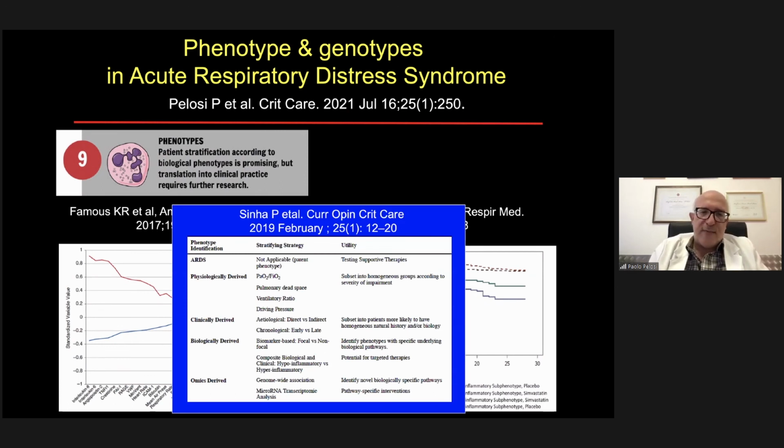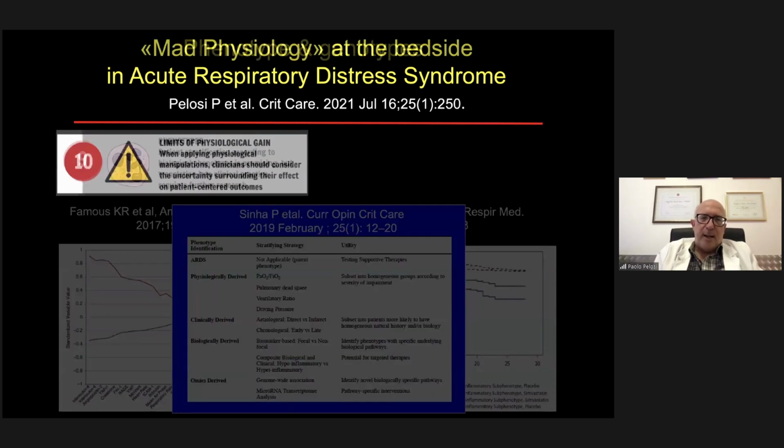And of course, different factors have to be considered in phenotype stratification, from physiologically derived, clinically derived, biologically derived, and omics derived, and the possible utility in the near future.